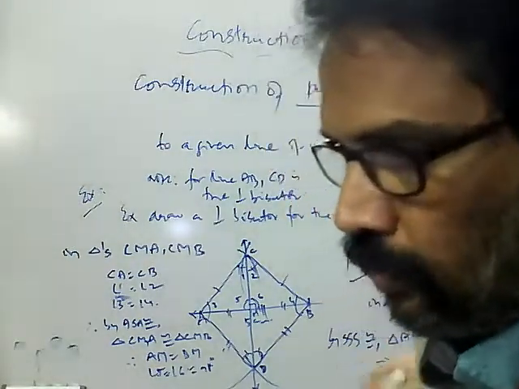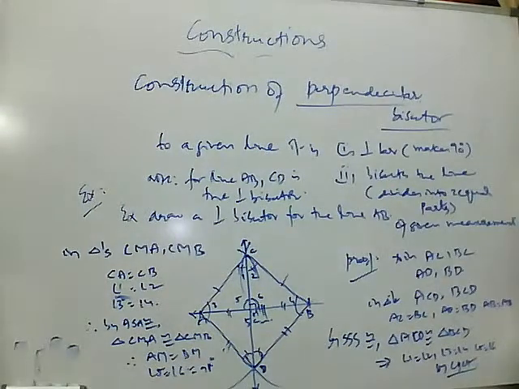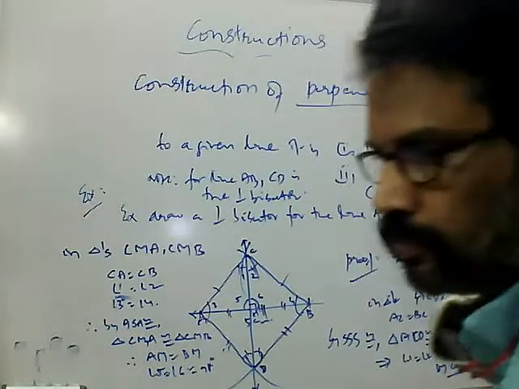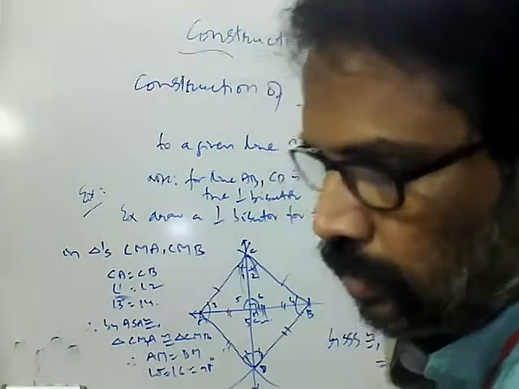How the perpendicular bisector comes? All of you understood now? Okay.